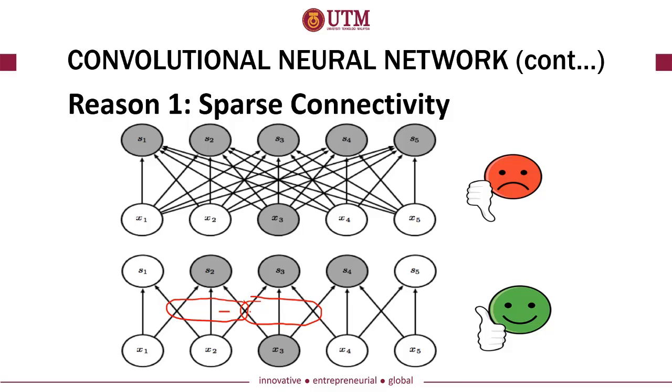You translate in this direction, and then in this direction, and then you get net 4. So the connectivity itself is sparse. It is a very small connection, and you are reducing the redundant information passed to the next layers in your network architecture.